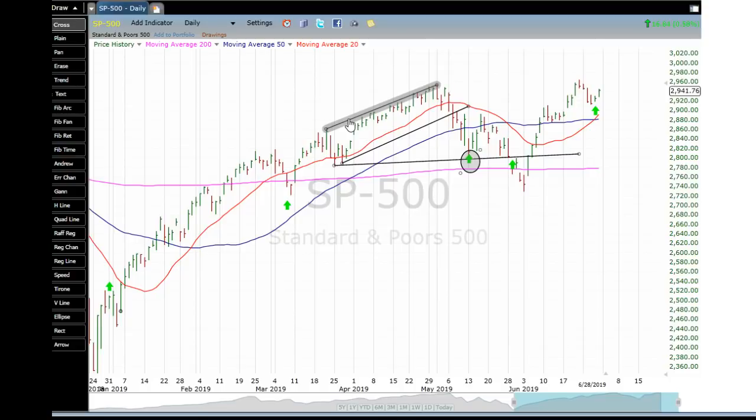Basically, the concept is very simple, but it can get a little bit tricky. All trends and cycles are composed of a primary and a secondary trend, or a primary and secondary cycle.